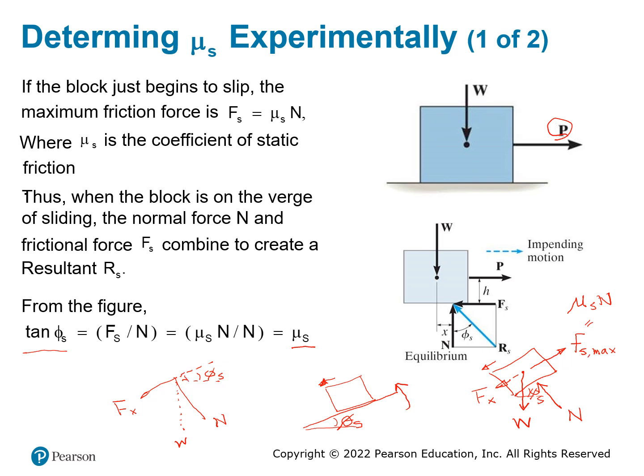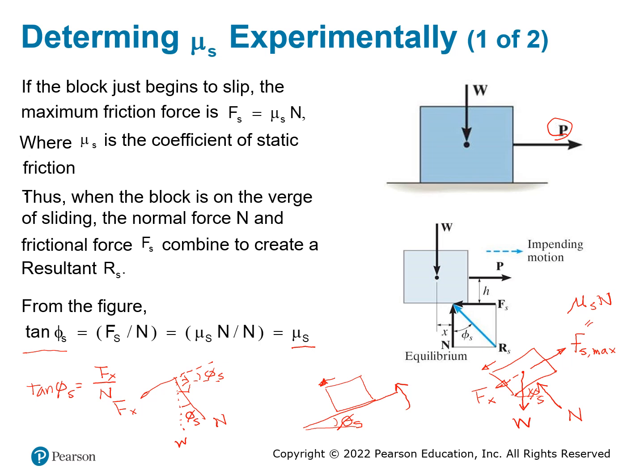So if this is 90 degrees and this is also 90 degrees, then this angle will be the same as our critical angle. If you take the tangent of this critical angle, that's going to be the ratio of this F of x divided by the N.